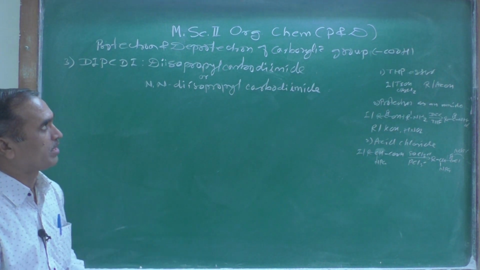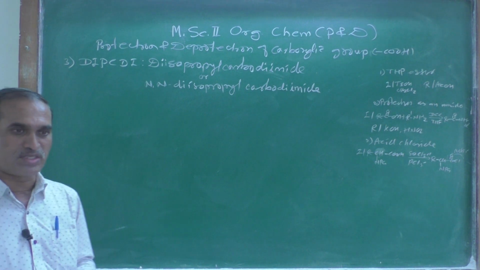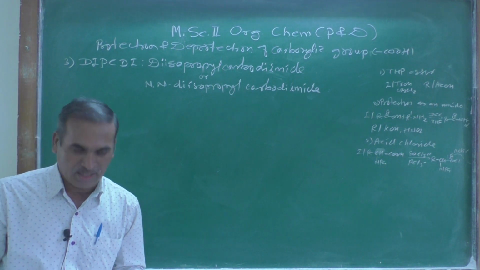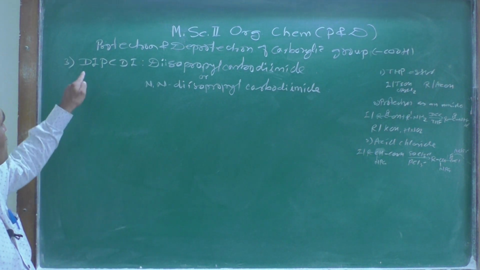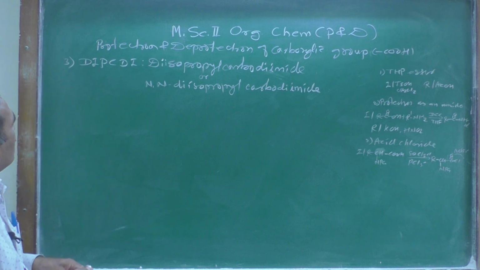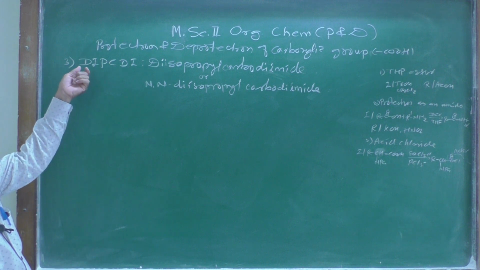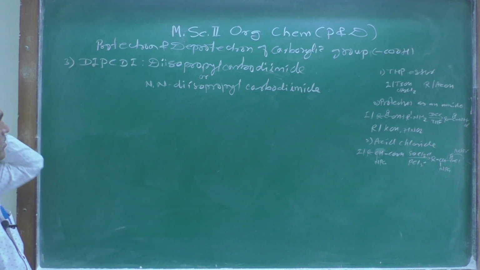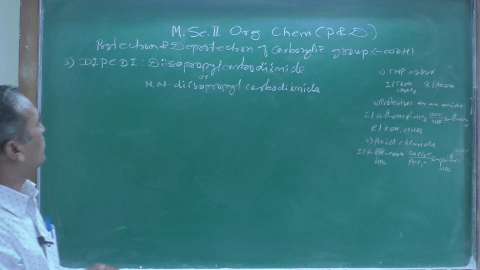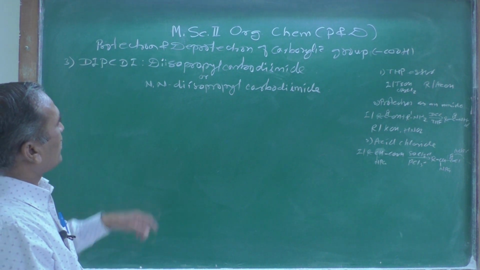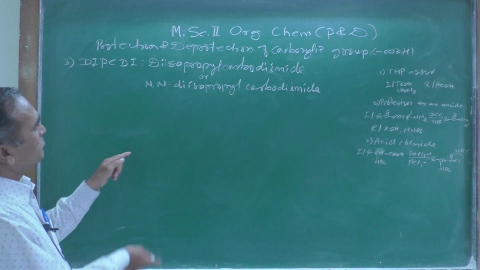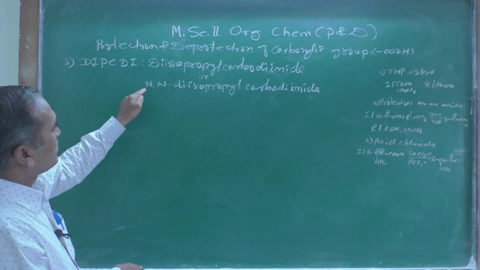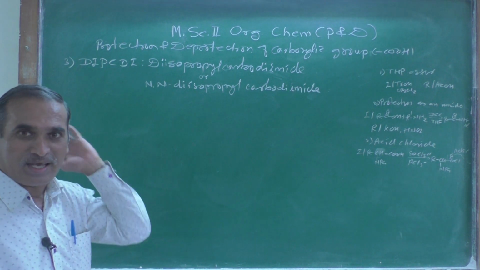which is used for the protection of the carboxylic group. Now the third one, which is given according to our syllabus introduced by Savitribai Phule Pune University, Pune, is DIPCDI. The full form of DIPCDI is diisopropyl carbodiimide, also known as N,N'-diisopropyl carbodiimide.